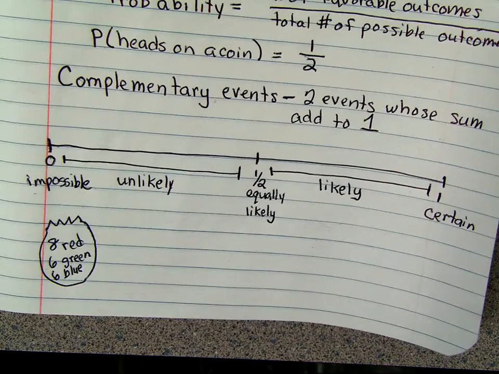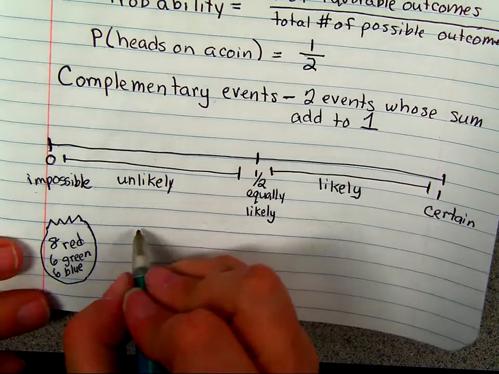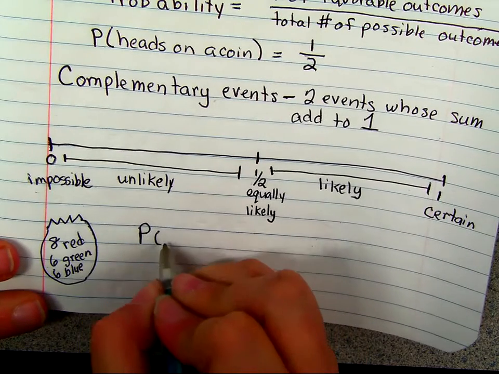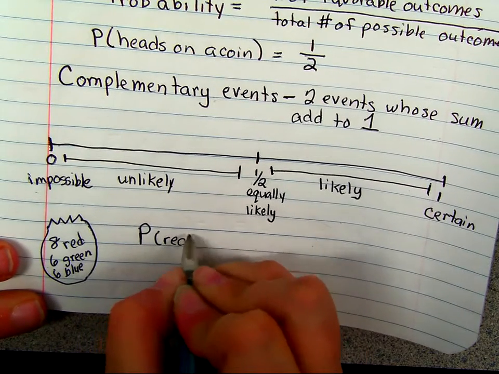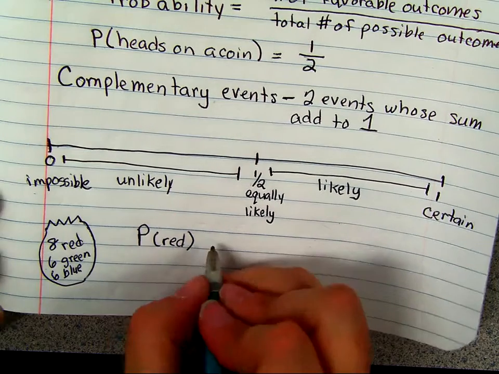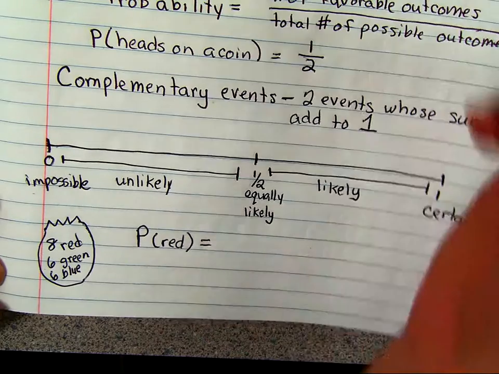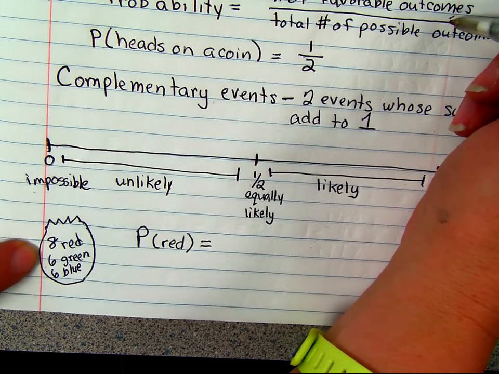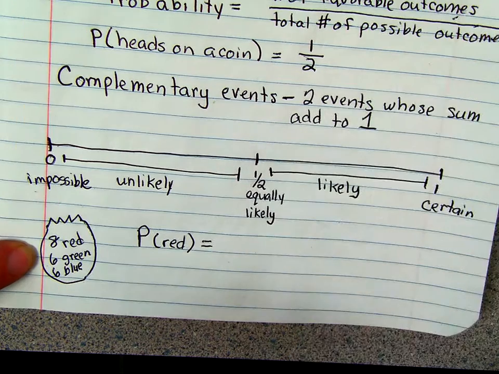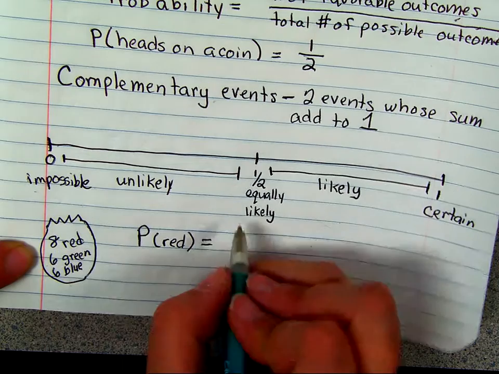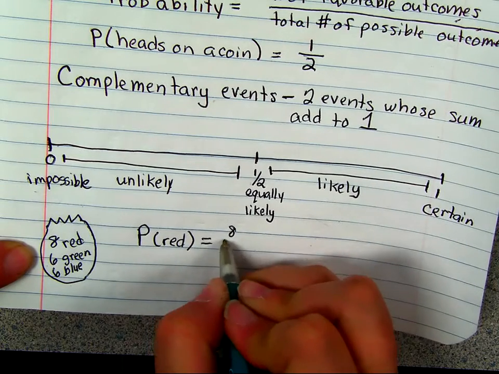So if I were to ask you what the probability is of getting a red, we can show that by putting red in parentheses by our probability, P for probability. The number of favorable outcomes would be how many red I have. So in this case, I have 8 red over the total.